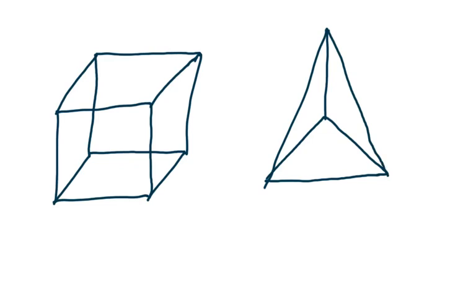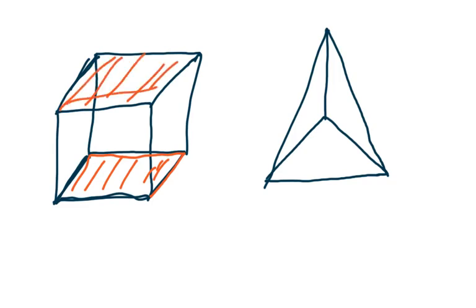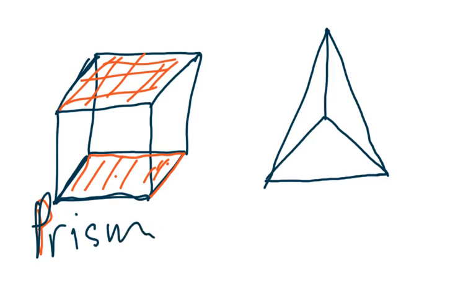Now, if we go back to the properties, the prism has two congruent bases. There is the base, the first base. If we put it upside down, this would be the other base, which would be congruent. And it also has rectangular faces. So this would be our prism, and this would be a rectangular prism.